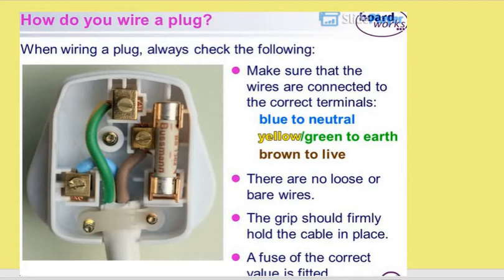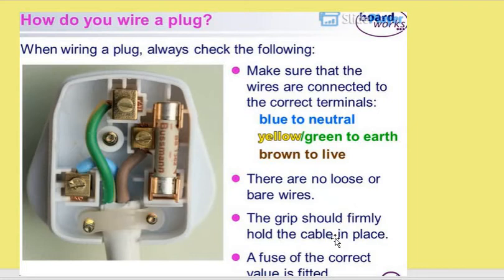Right, so how do we wire a plug? Remembering that blue is neutral. We cannot have any loose wires in here. They all need to be sealed with this plastic covering, and they should not be connecting to each other, because that could cause a short circuit or a high charge. So there's no loose bare wires.